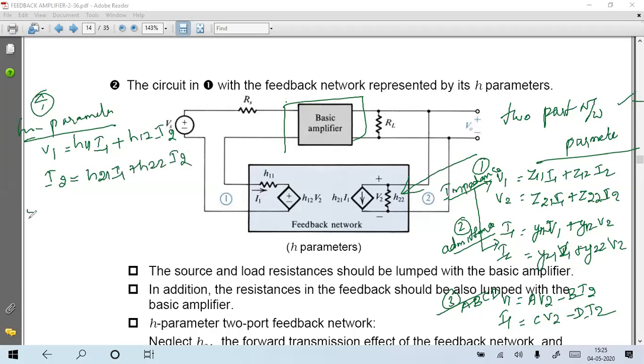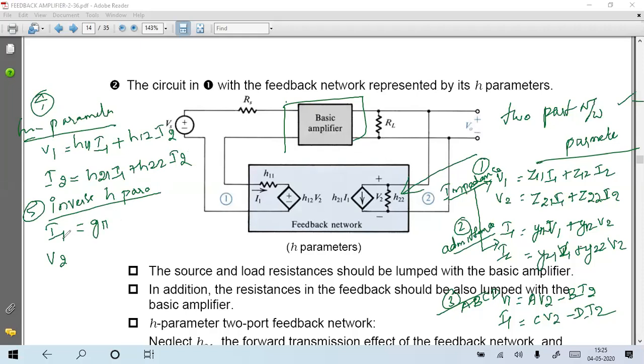The next parameter is the inverse H parameter. Inverse means the previous one inverted. In the left hand side, in place of V1 you write I1, and in place of I2 you write V2. That parameter we call the G parameter.